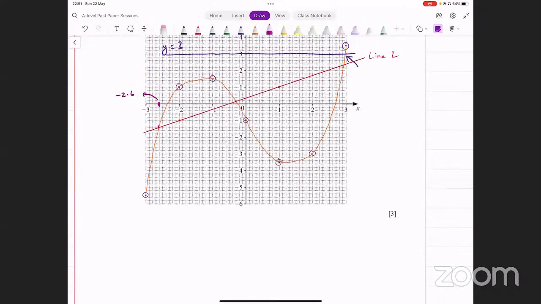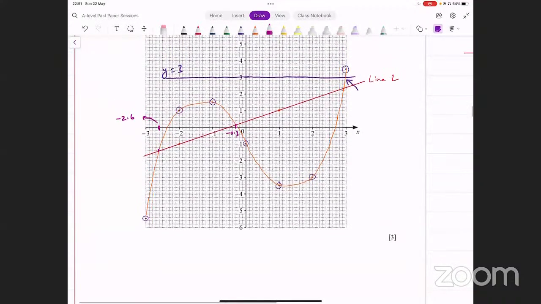We got 1 point here. This point, what is it? This is -0.3. And this is another value that we've got. This is between 2.9 and 3. So I'll say this is 2.95. Yeah, just 3 values.